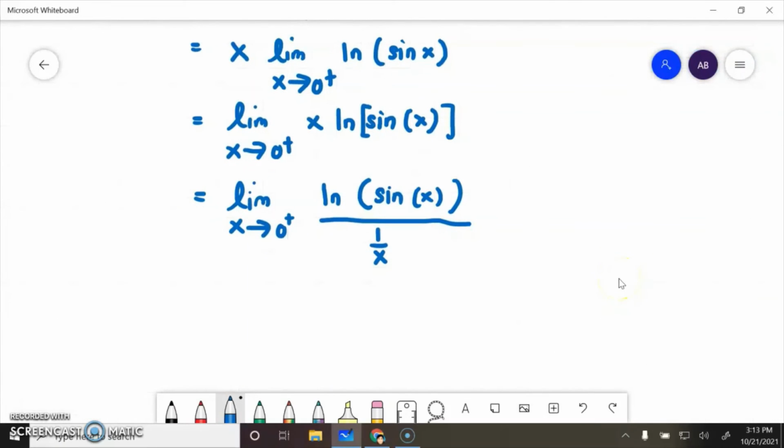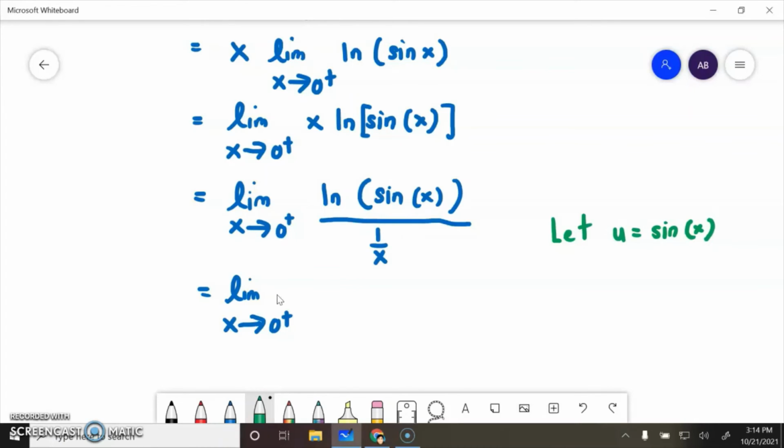So now what can you do here? I can apply L'Hopital's Rule. Take the derivatives of my numerator and denominator. You have two rules, kind of like a chain rule here. So let u equal sine x.